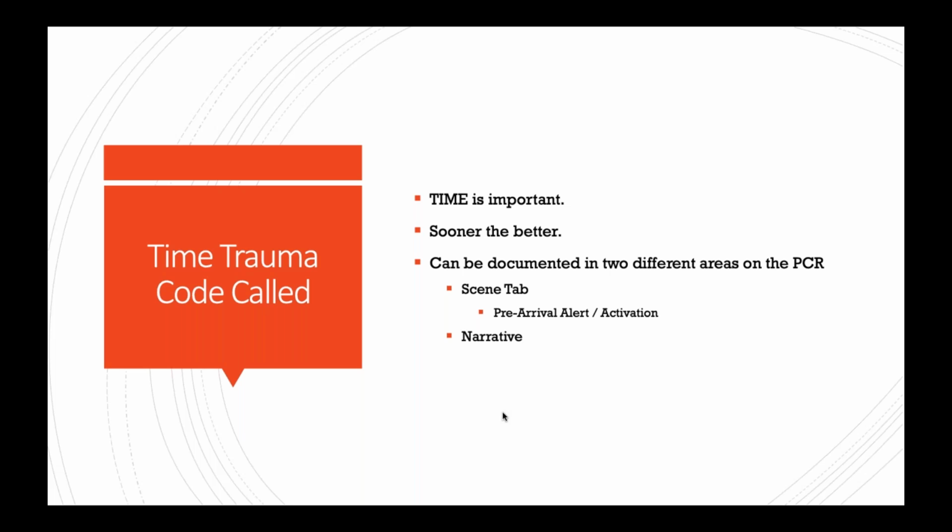Then whatever time you called that facility to say, hey, I'm bringing in this trauma code, I'll give you a report later, that's the time that I need. Or you can just place it in your narrative. But I need the time that trauma code was called.